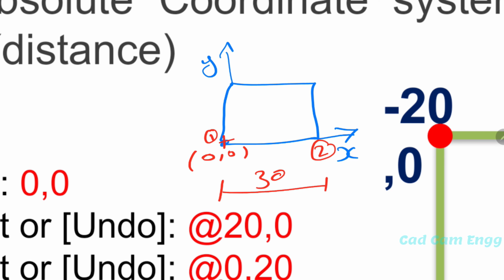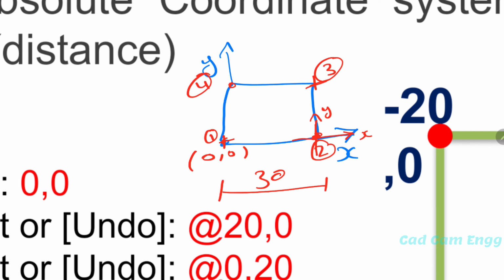When I go to take the third point, in the absolute coordinate system, again we refer from the first point. But in the relative coordinate system, my second point is the reference point, because we know the rule: the previous point is the reference point. So this is my x-axis, this is my y-axis, this is my reference point. Next we take the fourth point.